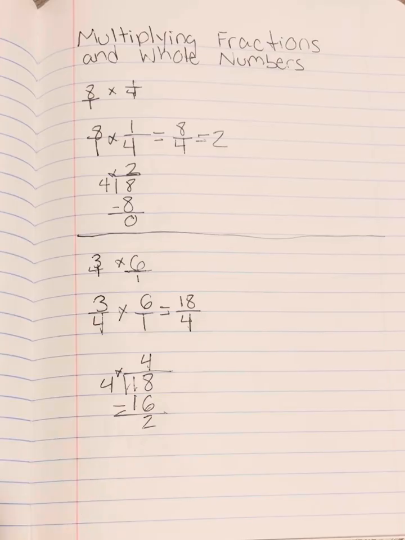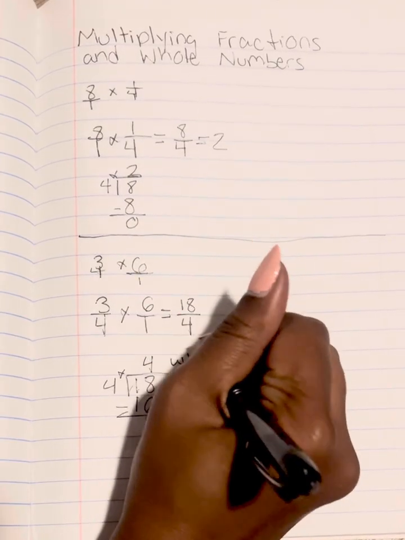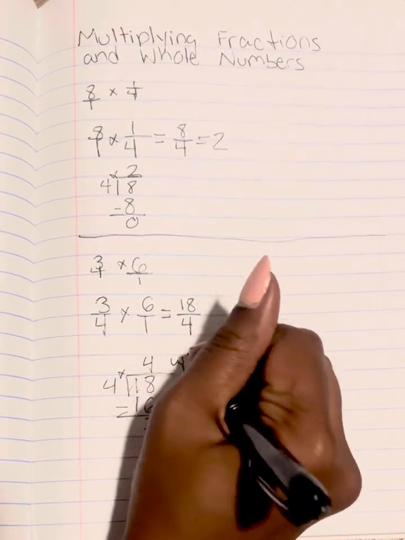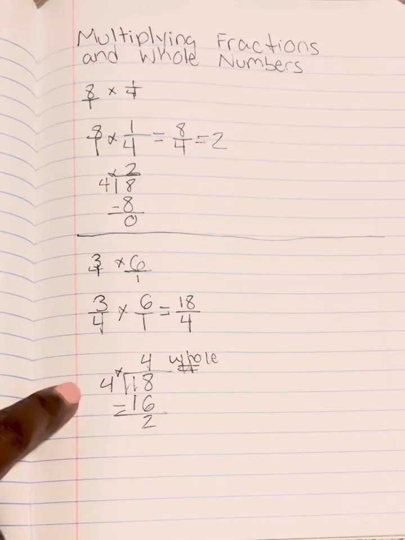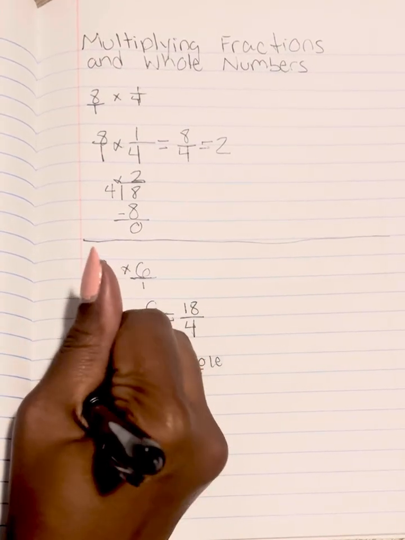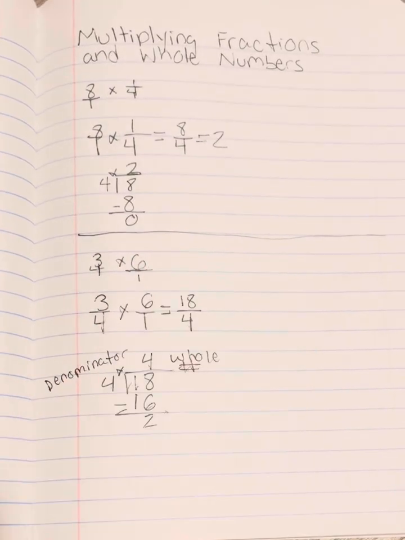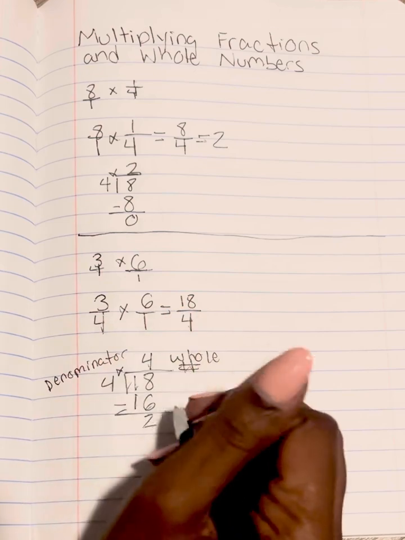From here, I have everything I need to create my answer. This 4 here would be my whole number. My 4 here would be my denominator. And my 2 here would be my numerator.